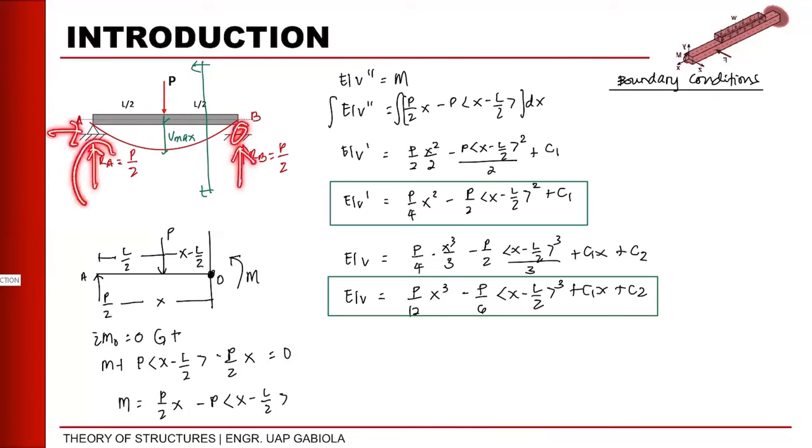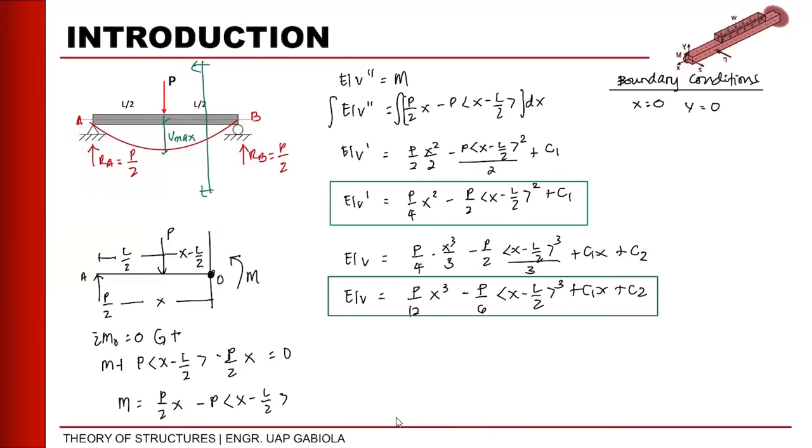Kung meron tayong reaction in the vertical direction, hindi natin inaalaw na magkaroon ng change in value nung y direction natin. So ibig sabihin wala tayong deflection at support. As we can observe din doon sa elastic curve natin, nandun siya ulit sa 0 point niya. So we can say na at x is equals to 0, or yung sa leftmost or support A natin, ang deflection natin doon ay 0. Okay? So yun yung first natin.